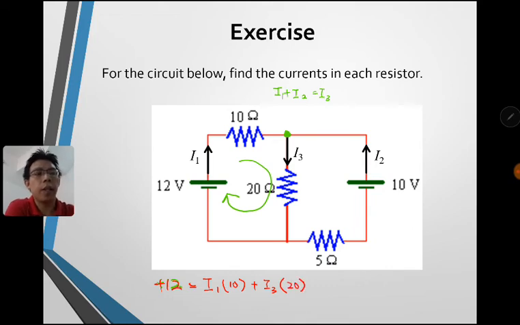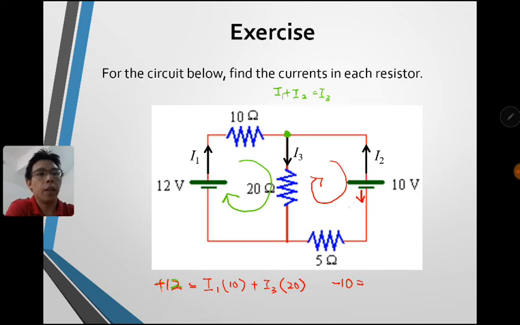On the other loop, in this case I choose the other way, just to show you how that is different. Our assumed direction has it coming out from the negative terminal, so we have negative 10.